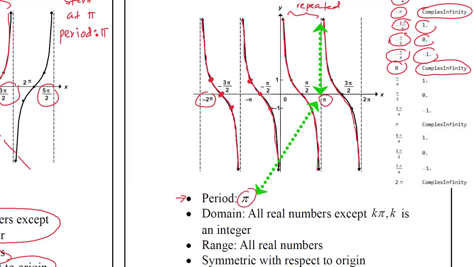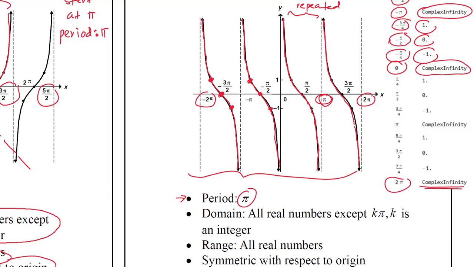And then the domain: all real numbers except k pi, where k is an integer. So pi, 2 pi, 3 pi, and so on are not in the domain, because there it is infinity. The domain is all real numbers except k pi, k an integer.